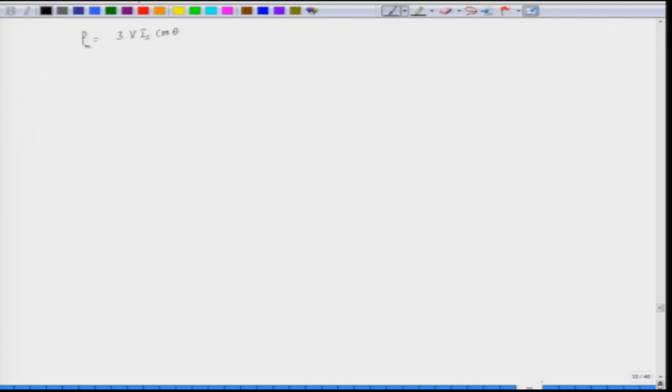If we substitute this and simplify, we get the following expression: 3 into V E sin delta by Xsd plus V square into Xsd minus Xsq divided by 2 Xsd into Xsq into sin 2 delta.